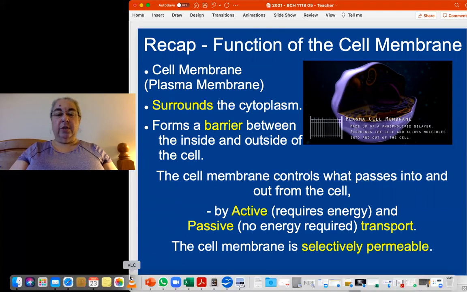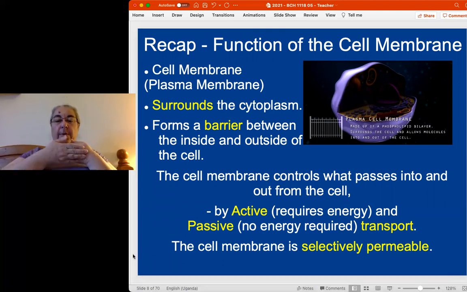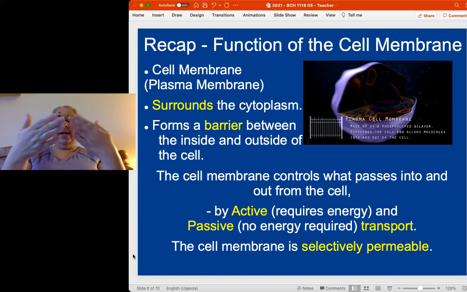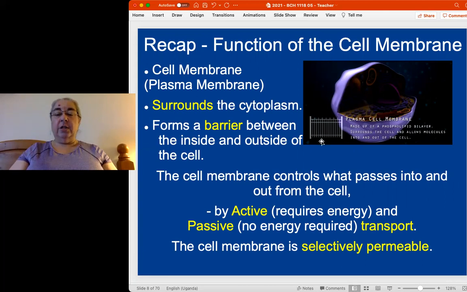It's not so much like a wall or a thick barrier, it's more like a gate that can open and close and allow things to pass through it. But it's a gate with guards. So the guards make sure that the only things that pass in and out of the cell are the things that are supposed to be passing. And this is what we call selective permeability.